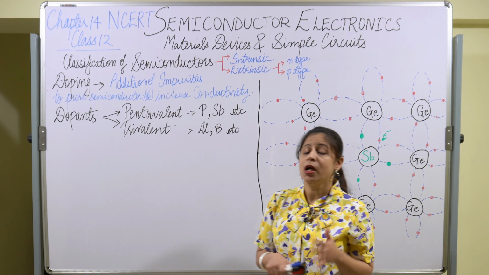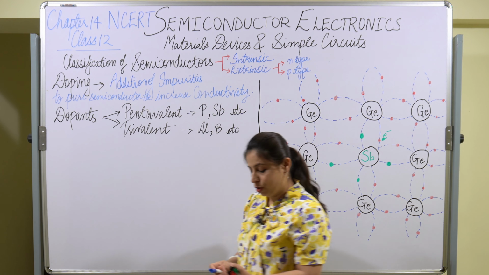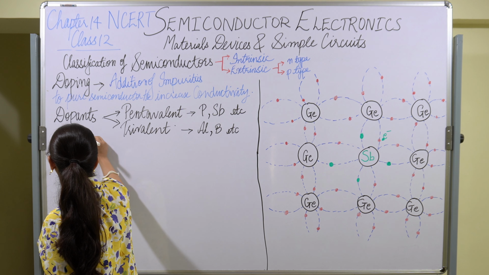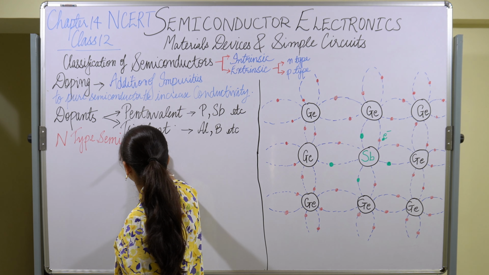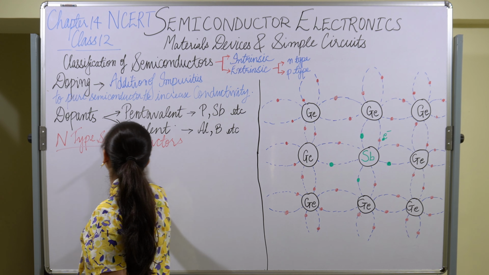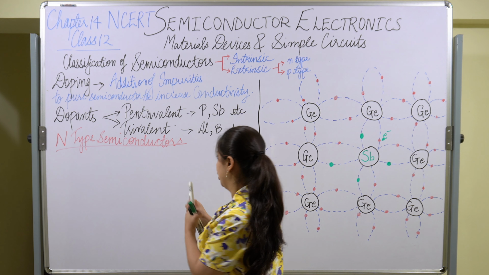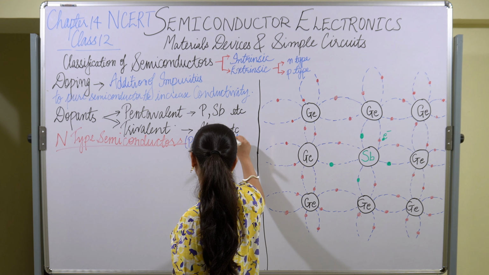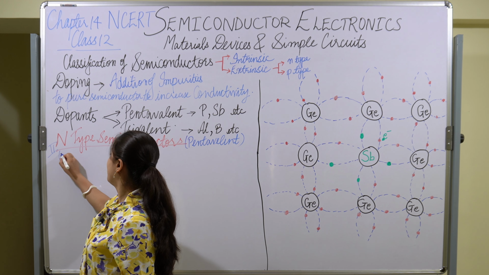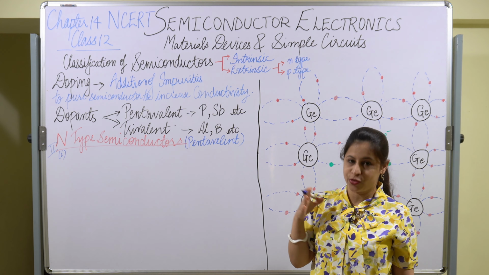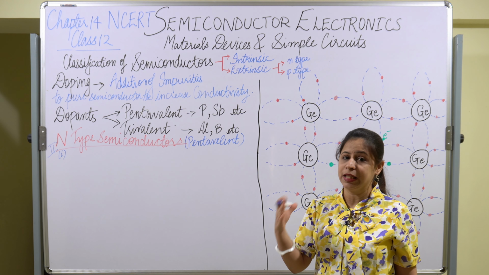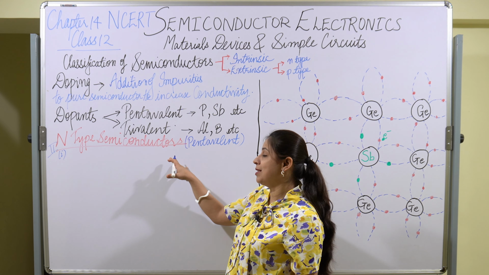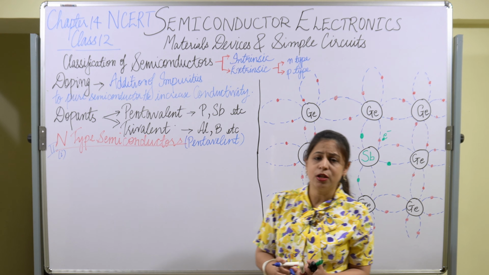Let us start with the N-type semiconductors, in which the pentavalent impurities are added. Now you can take any crystal, germanium or silicon.